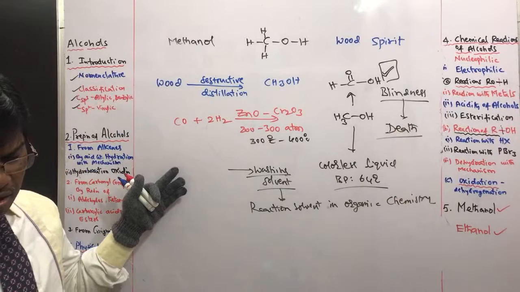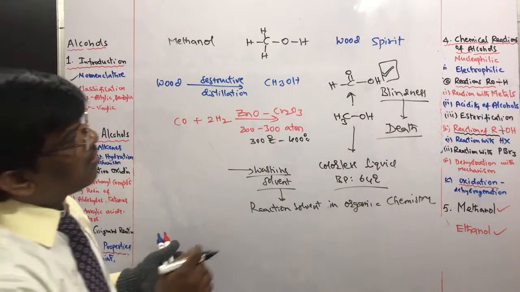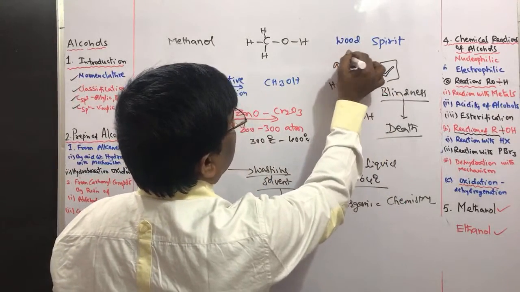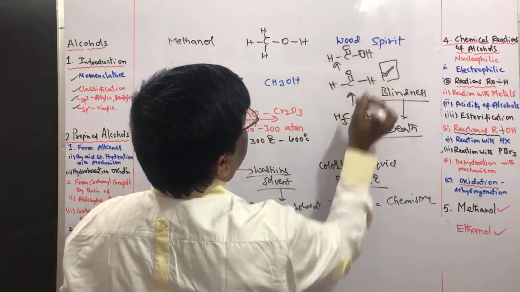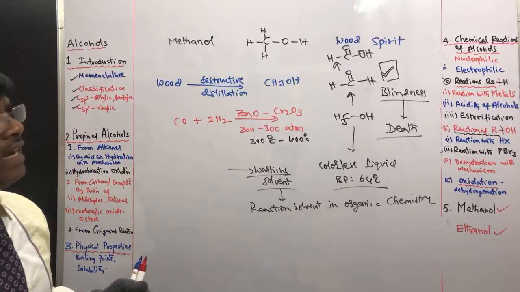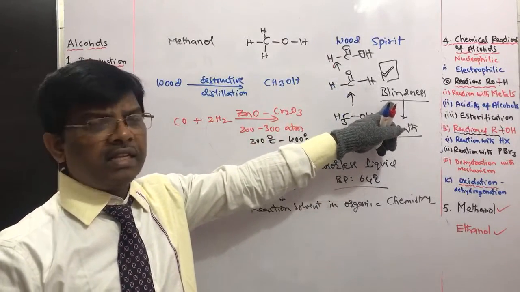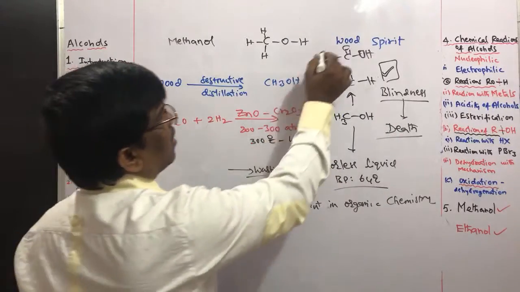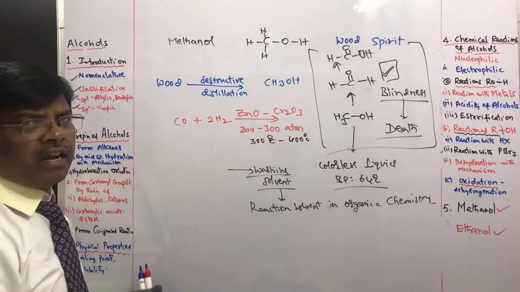So first it forms formaldehyde, then over-oxidation gives formic acid. Formaldehyde and formic acid are highly poisonous, right? These compounds result in blindness and death. So this is the common factor why you have to stay away from methanol consumption.